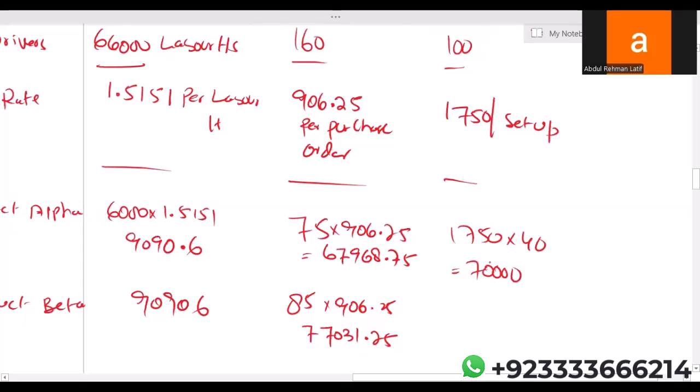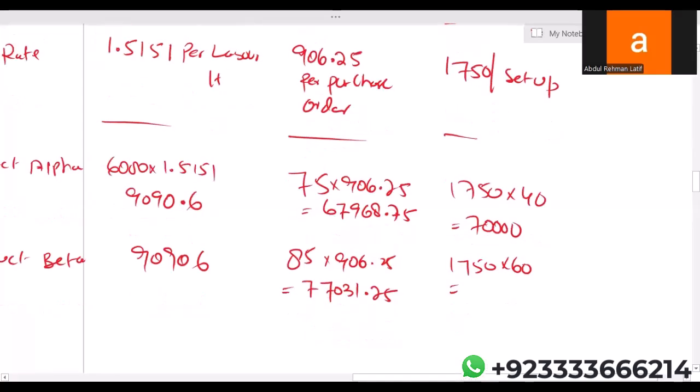For product beta, there are 60. So it means 1750 into 60. I'm getting 1,05,000.